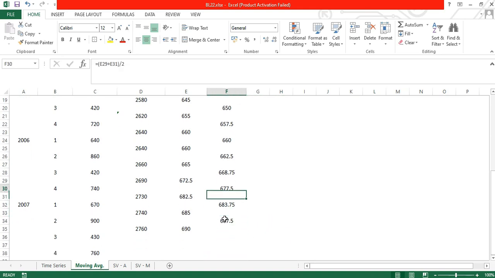So for each you will get the midpoint as such, starting from 655 to 660, then 660 to 660 again, 660 again to 665, and so on.